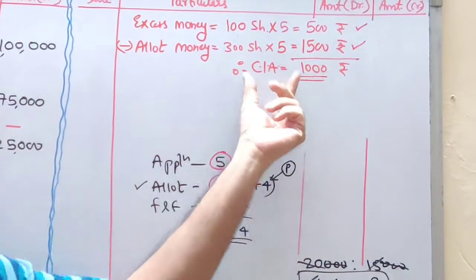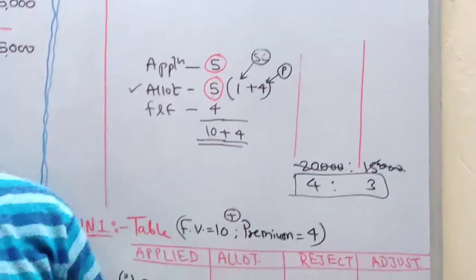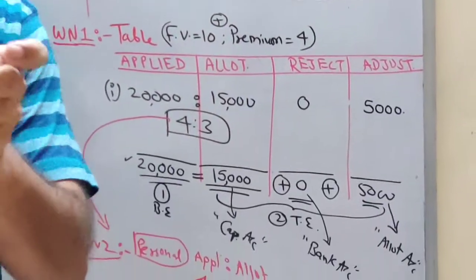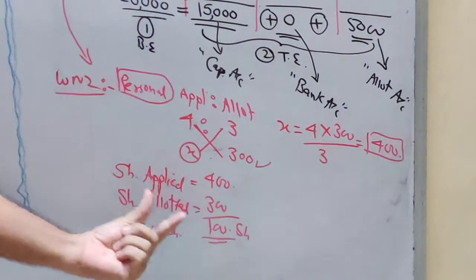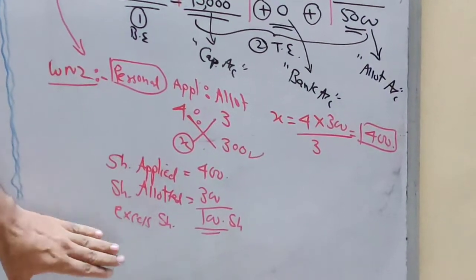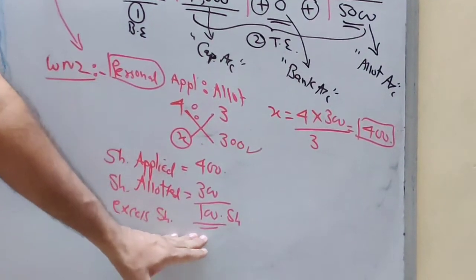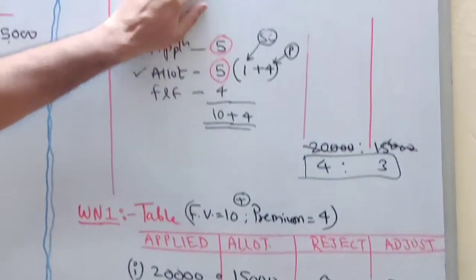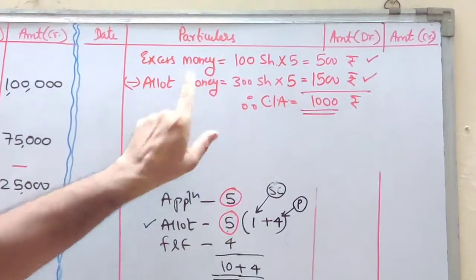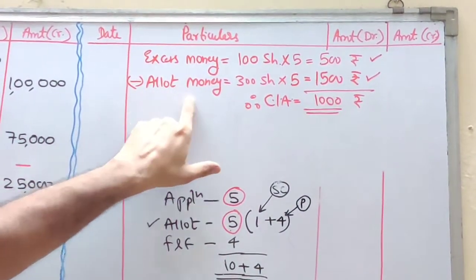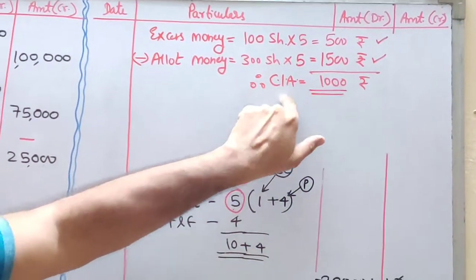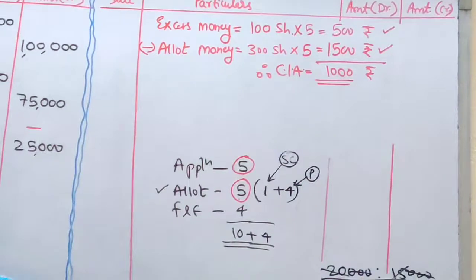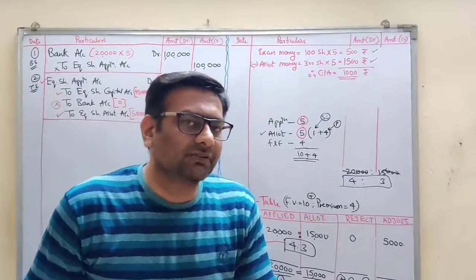If you have not understood this working note, you can rewatch, replay the video and listen again to how I have explained this, how I started and how I got the excess number of shares, and then see this part of your working note. Allotment money minus excess money, whatever answer you get, that is the call in arrear of Mr. Ashutosh. Understood this personal working note?